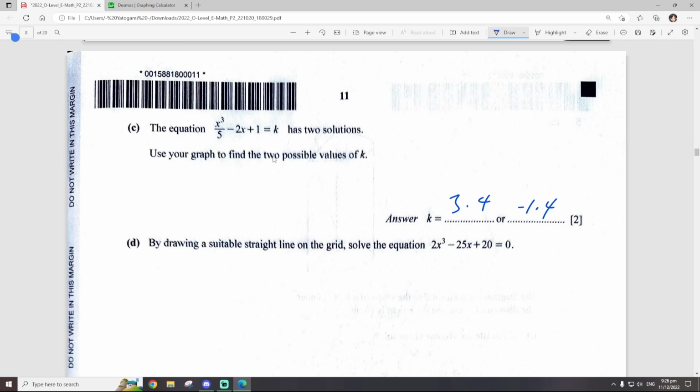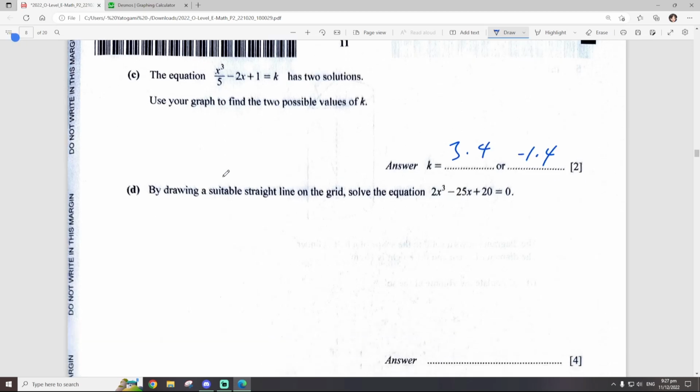By drawing a suitable straight line on the grid, solve the following equation. Okay, let's see how do we get there. So we first need to reduce the equation to a form that we can compare with the first one. So we have y equals x cubed over 5 minus 2x plus 1.